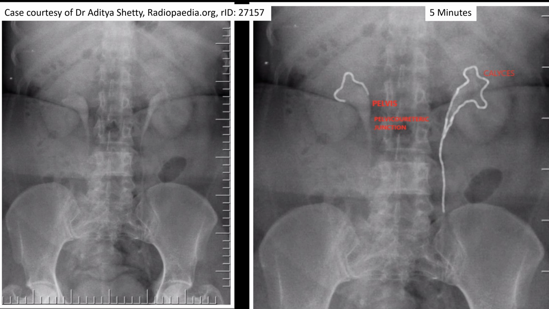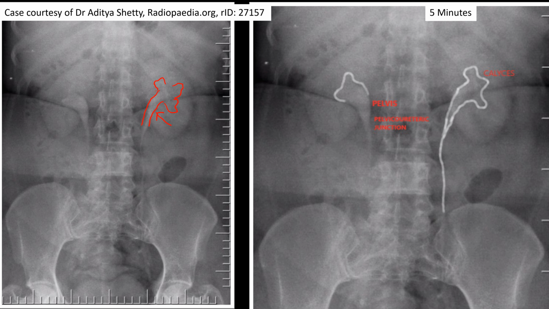At 5 minutes, we can see the shadow of calyces. Calyces are cup-shaped structures. We can see the major calyces here. Funnel-shaped structure is the pelvis.